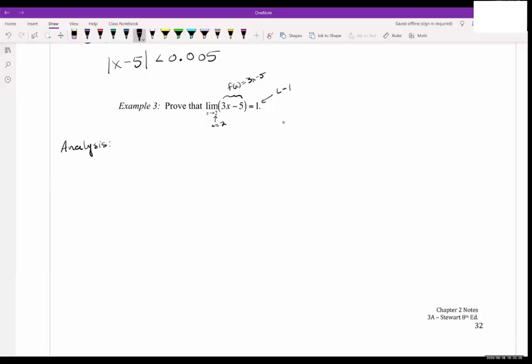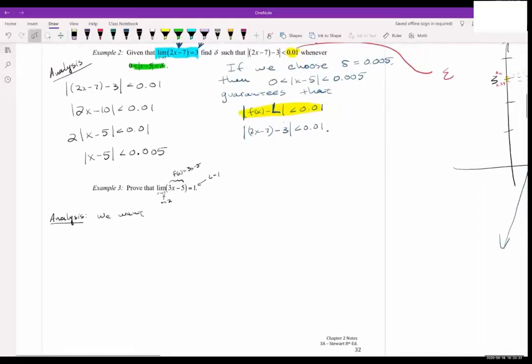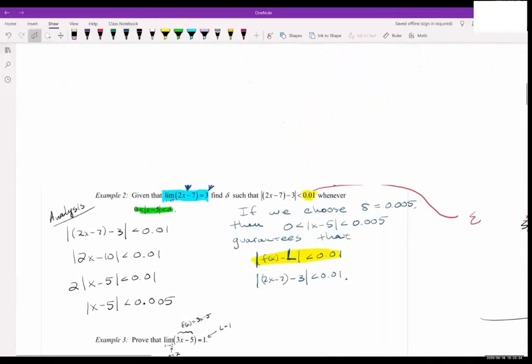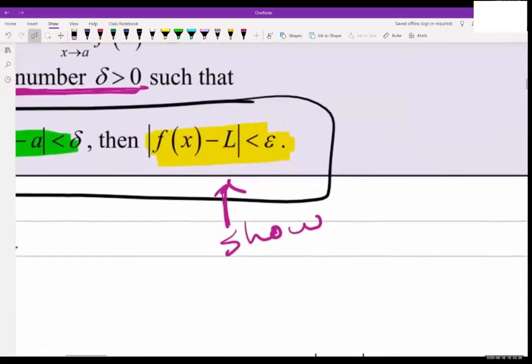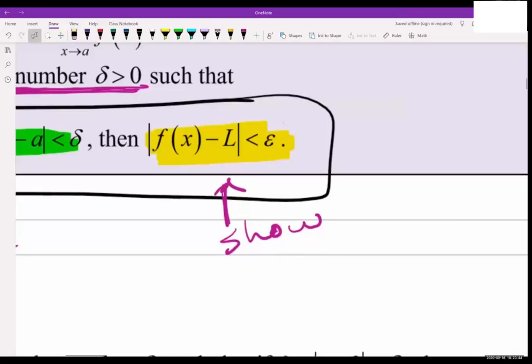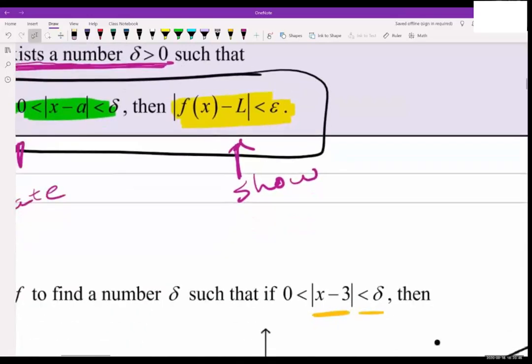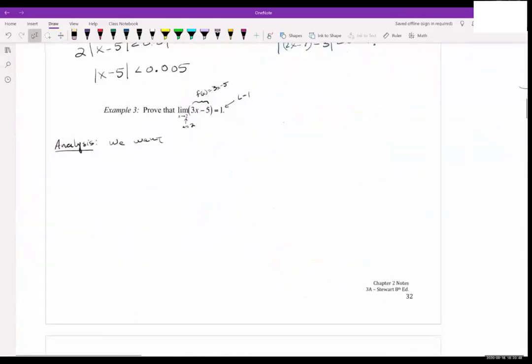And the analysis is basically saying we want, at the end of the day, at the end of our proof, what do we want? Well, we want the thing in yellow there at the end of our proof. That's what we want. We want to be able to show that. So we're going to reverse engineer it. We're going to start with |f(x) - L| < epsilon and then use that to find delta.